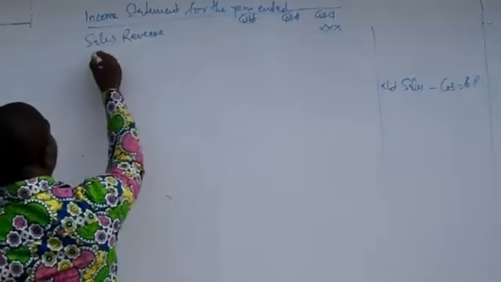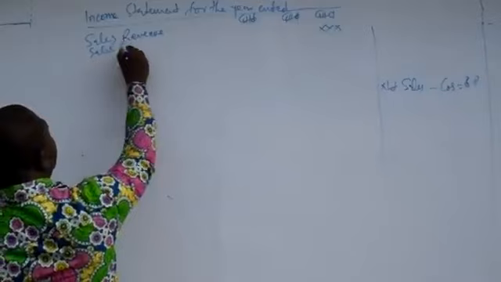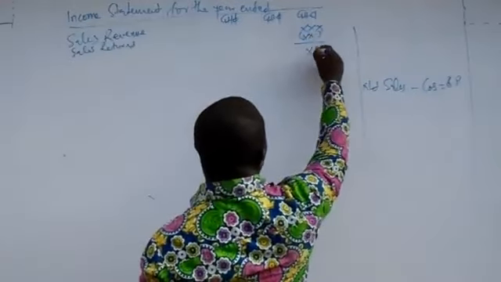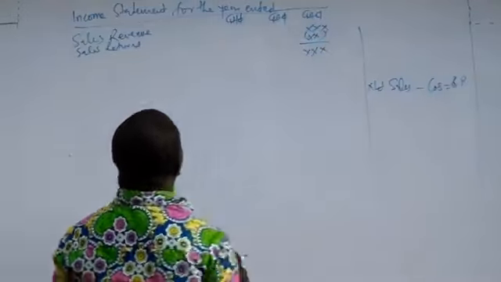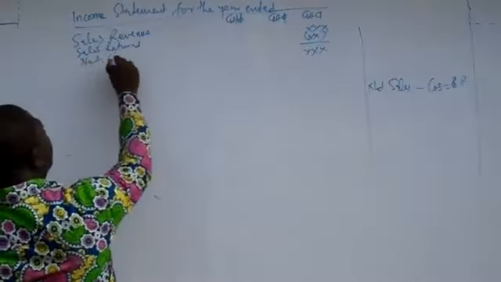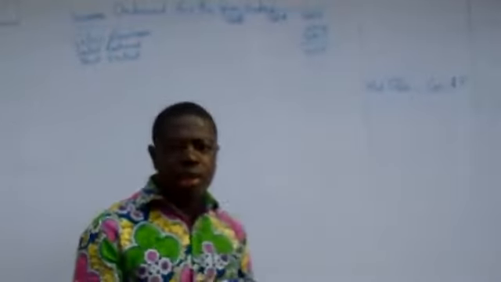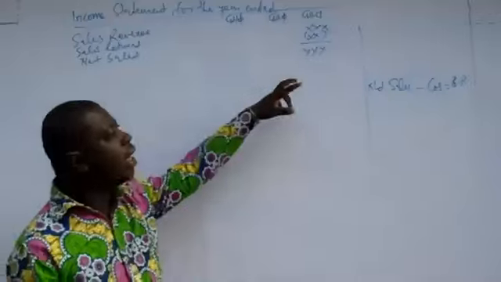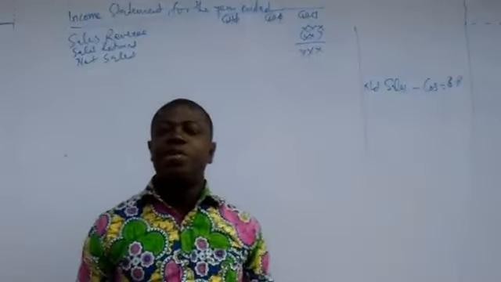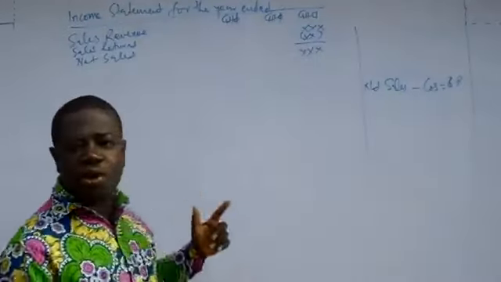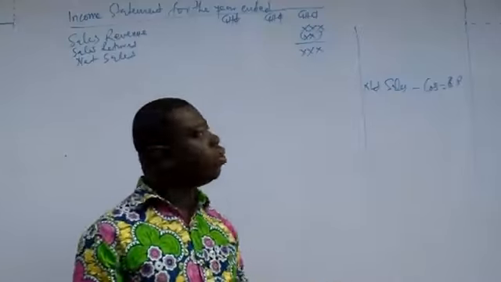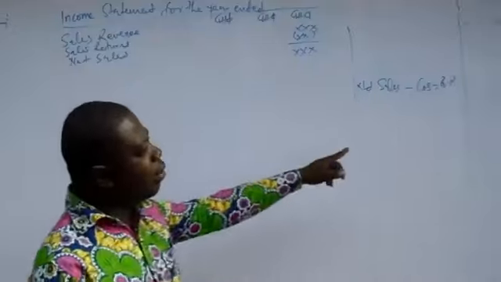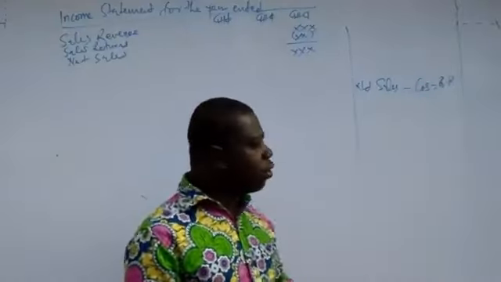If there is any adjustment for sales returns, it will be subtracted from the value of the sales revenue, and then you have your net sales. So your sales minus any sales returns gives you your net sales. Now in a question where there are no sales returns, your sales revenue or your turnover equals your net sales. Alright. And then from here we take out our cost of sales to get the gross profit.